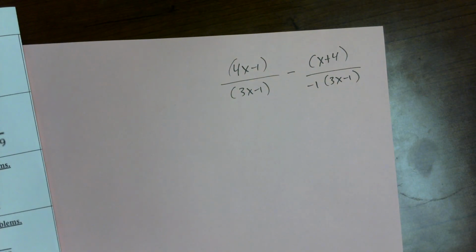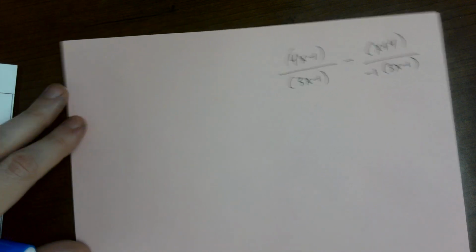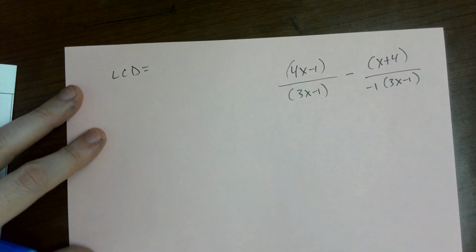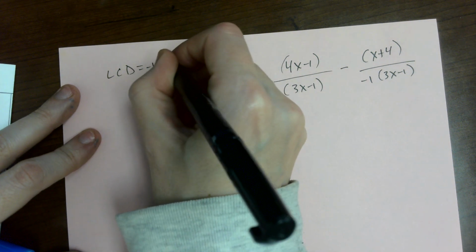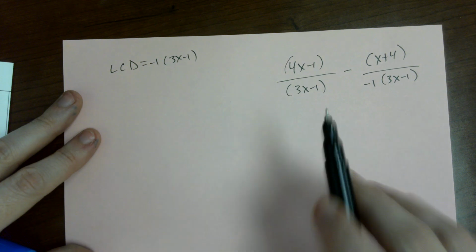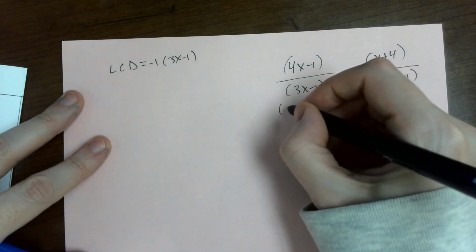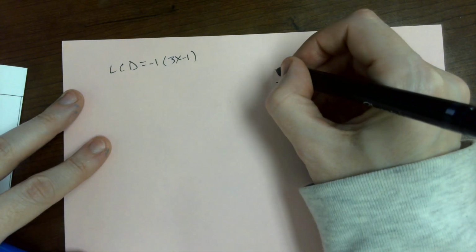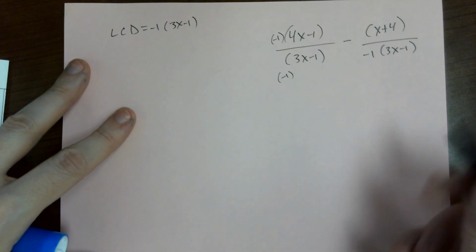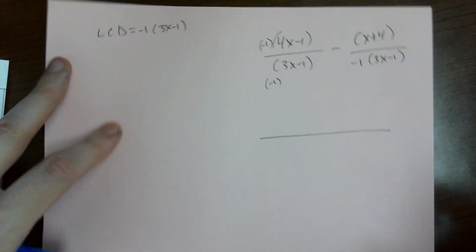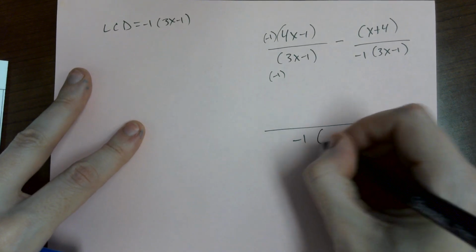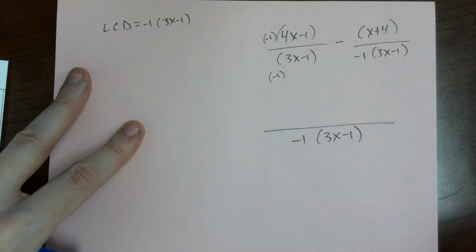Okay. All right, guys. So now you could see that the least common denominator is negative 1, 3x minus 1. Okay. So this one here is just missing the negative 1. So now I go to a big fraction bar, negative 1, 3x minus 1.